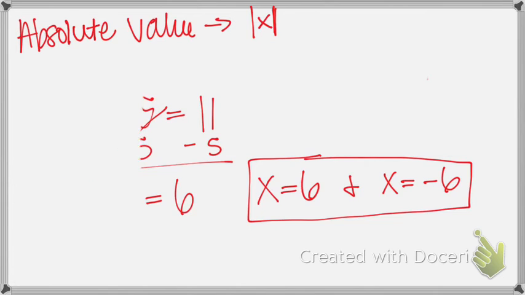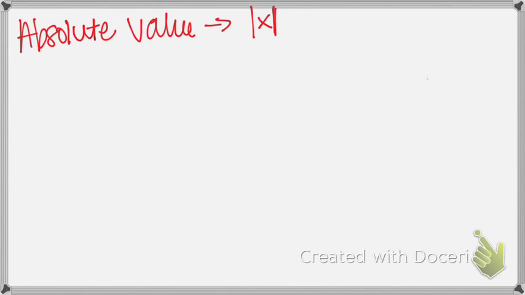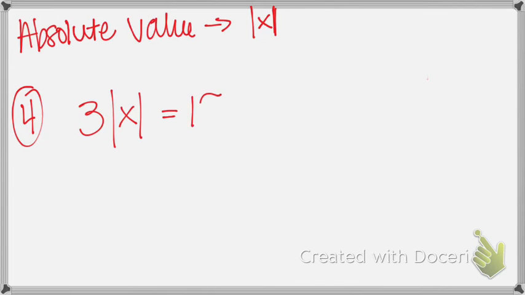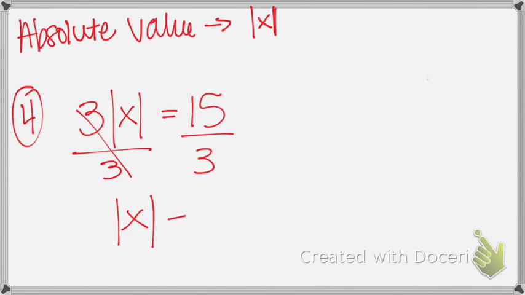All right, next, we have number 4, or example 4. 3 times the absolute value of x equals 15. Well, notice there's a 3 attached on the outside, so I have to get rid of it. 3 and the absolute value of x are multiplying, so we are going to divide both sides by 3, and we get the absolute value of x is 5.